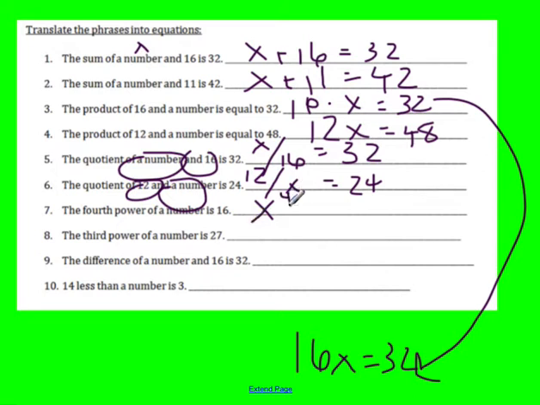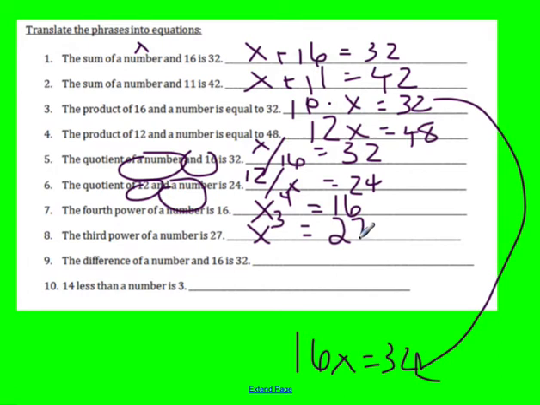So I put the little number 4 up there, and x to the fourth power is equal to 16. The third power, which could also be said as cubed, of a number is 27. So x to the third power is equal to 27.